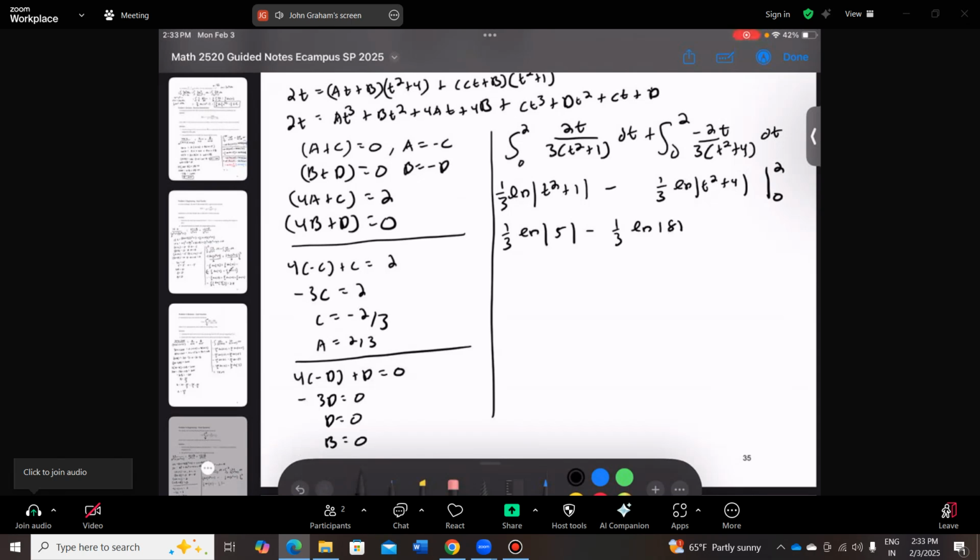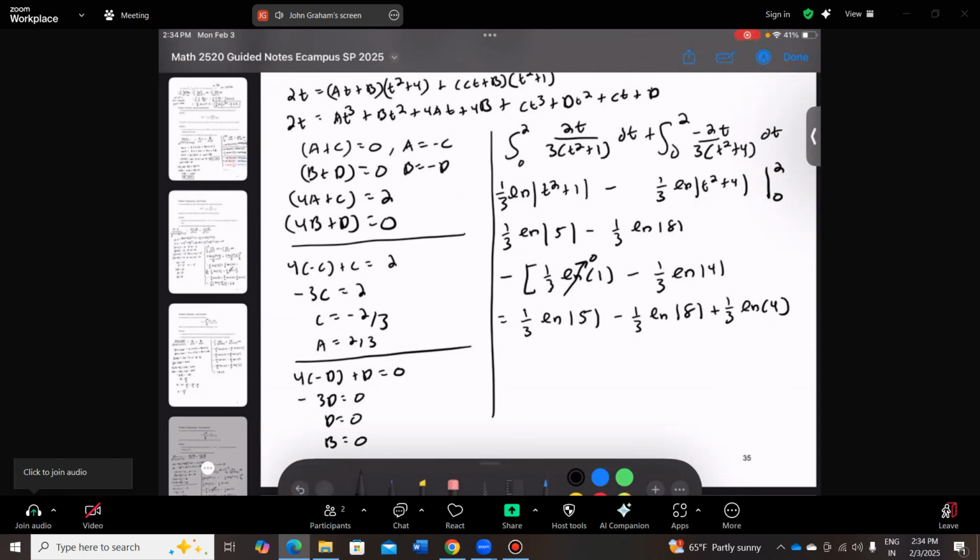Okay, so that's that, and then minus this next one, 1/3 natural log of 1, which is just 0, minus 1/3 natural log of 4. So this becomes 1/3 natural log of 5 minus 1/3 natural log of 8 plus 1/3 natural log of 4.